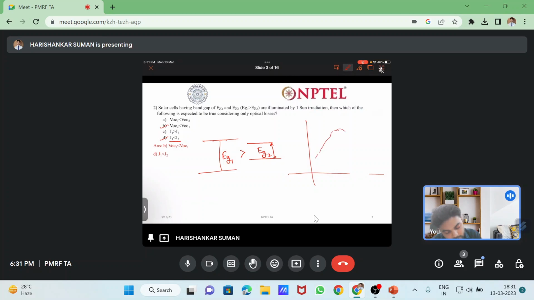Maximum is around 500, then peaks like that. Consider this is the visible range, wavelength in nanometer. So why is J1 less than J2?